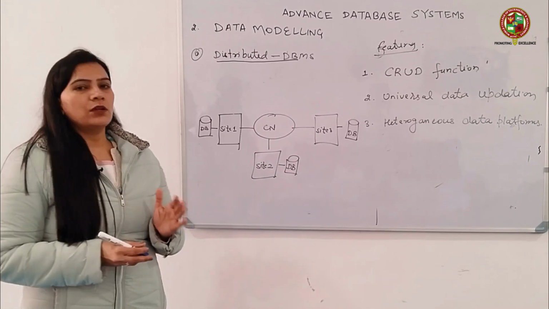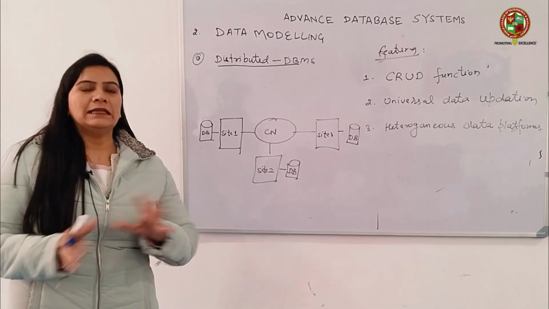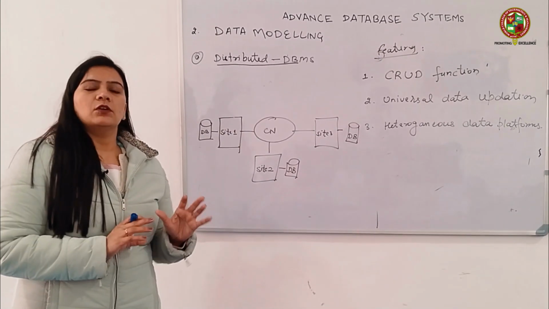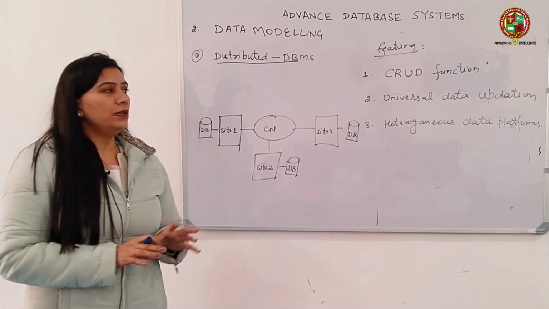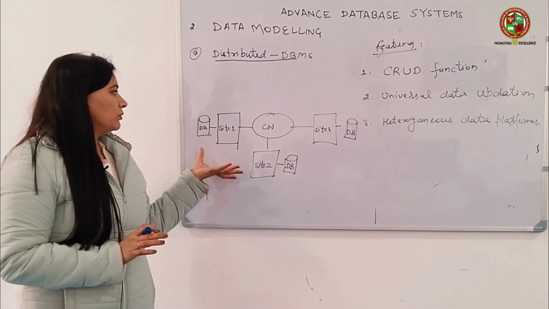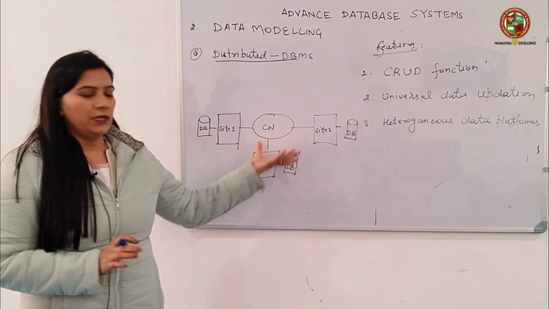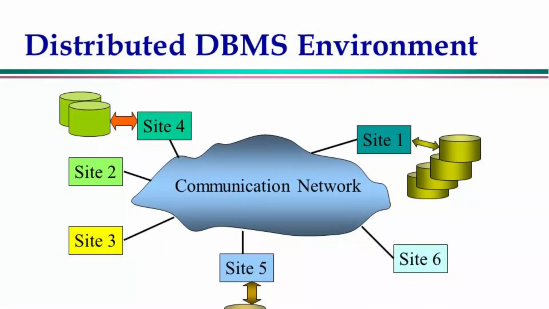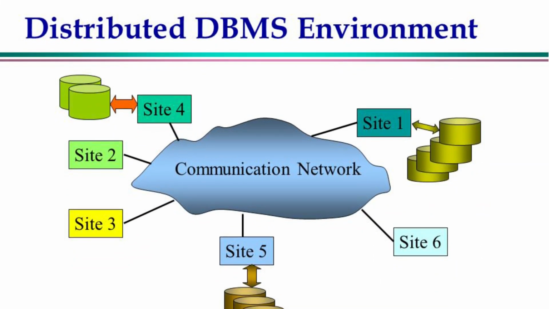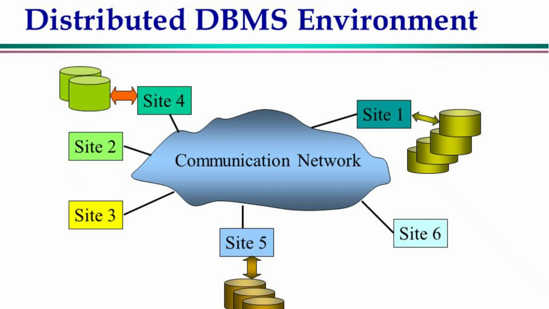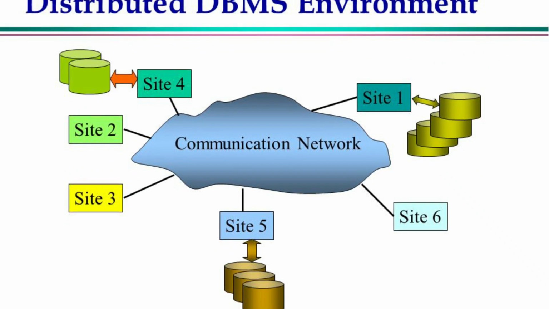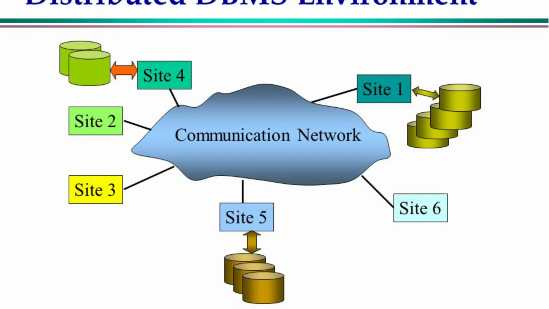So organizations lean towards the distributed database, where they have different structural units, connected by a computer network. This is a diagram of a distributed database where we have different sites. These sites represent the different structural units of an organization, and each has its own dedicated database attached to that particular site.